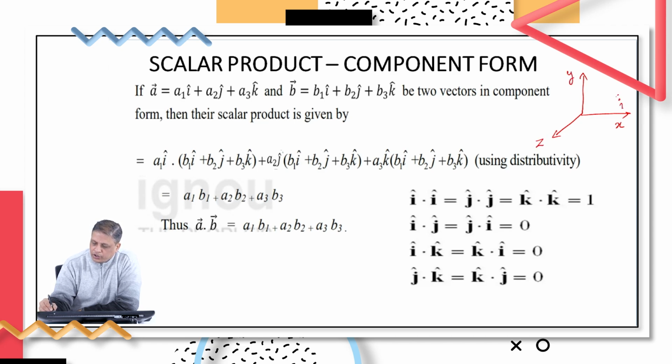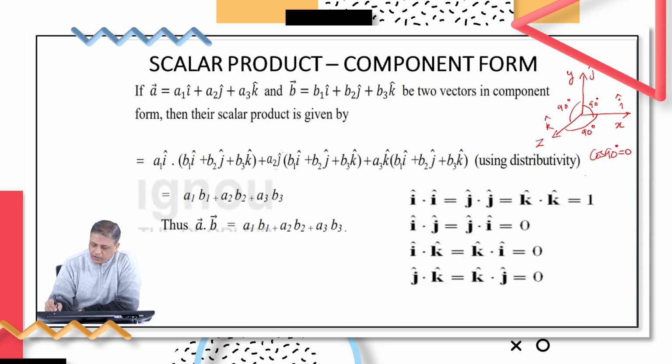Then i is the unit vector along the x-axis, j is the unit vector along the y-axis, and k is the unit vector along the z-axis. The angle between x, y and z is 90 degrees each. So extending the learning, cos 90 degrees is always 0.